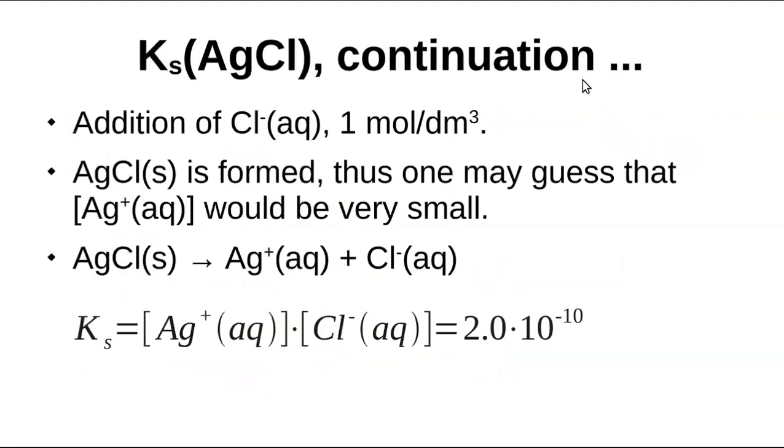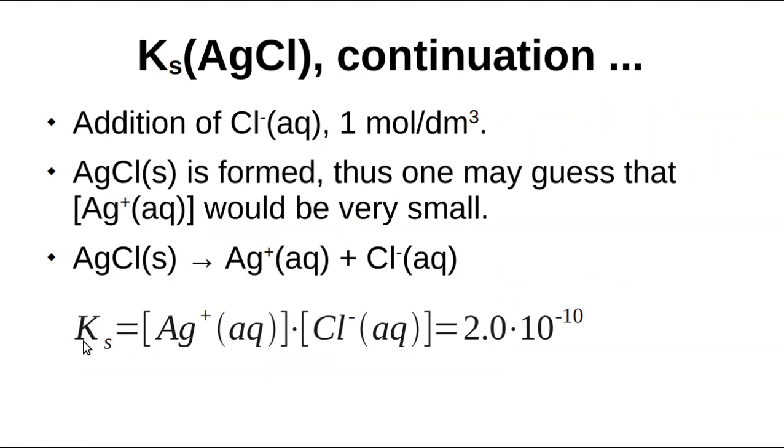Why do we want this? Well, afterwards, we added a lot of chloride ions in the form of sodium chloride solution, I think. Then silver chloride forms, and since silver chloride is a kind of insoluble compound, and we have a surplus of chloride ions, then I guess that the silver ions should be very small.